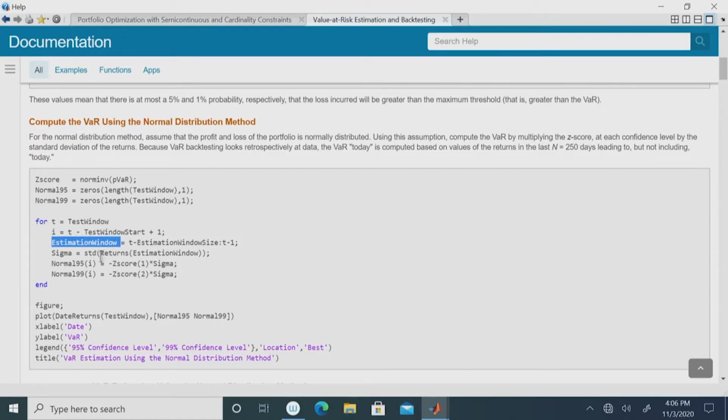So, accordingly we look at the standard deviation of returns over the 250 days, the daily standard deviation. What we get is normal 95 and normal 99, which are the corresponding values of the VaR for the first and the second case.